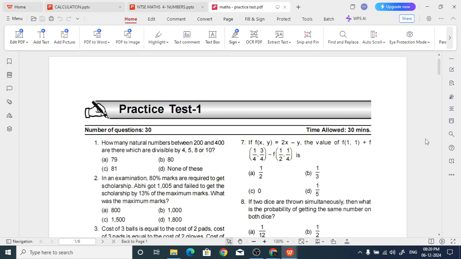How much f of 1 by 4 comma 3 by 4 you are getting? Are you getting minus 1 by 4? You just substitute in the 2x minus y. Yes, sir, minus 1 by 4, sir. Yeah, if you substitute in 2x minus y, you will get minus 1 by 4.